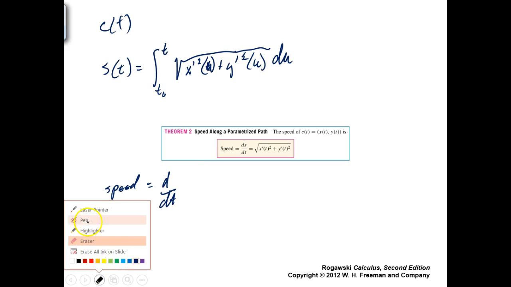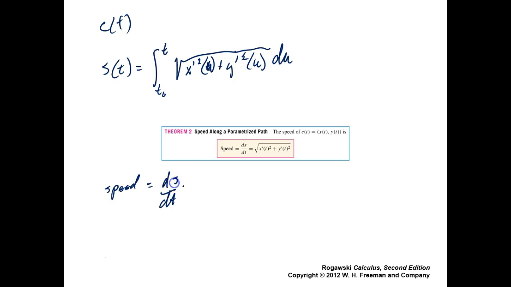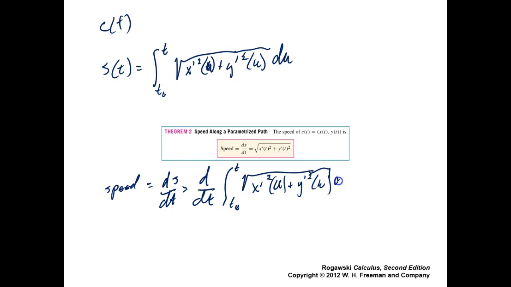It is ds/dt. In fact, I think I'll leave that in. ds/dt, which is d/dt of this s of t, which is the integral from t0 to t of the square root of x prime squared of u plus y prime squared of u du, okay?